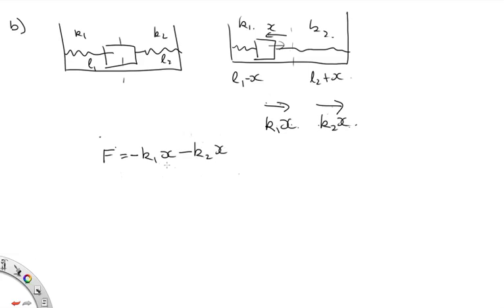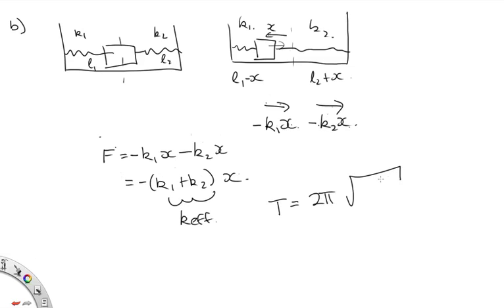They're both back towards the equilibrium position. We put our minuses there to show that they're towards the equilibrium position. So this is equal to minus (K1 plus K2)x. So this is our effective K. And so our period is equal to 2 pi root m over K effective, which is K1 plus K2. Okay, so that's the end of that lecture.